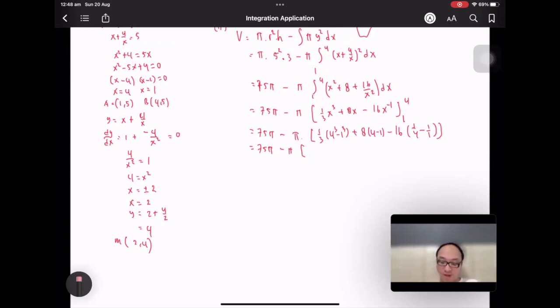So I just change it to 21, plus 24, minus 16 times 1 over 4 minus 1, which is negative 3 over 4. So it's plus 12. So this is equals to 21 plus 24 plus 12. 75 minus 57, so it is 18 pi.